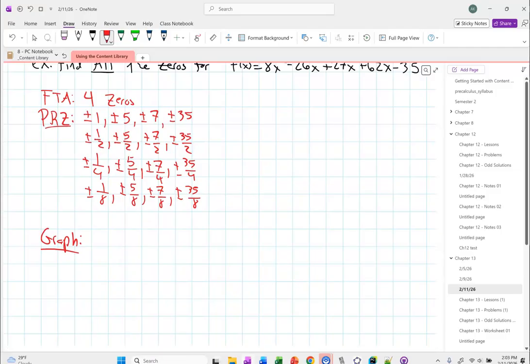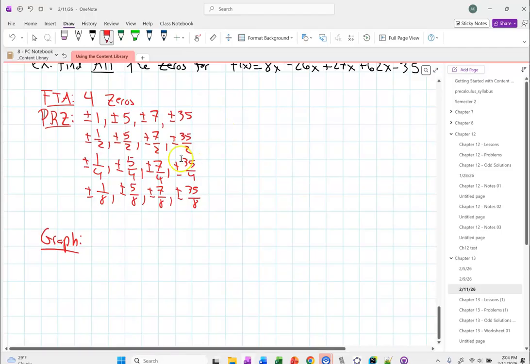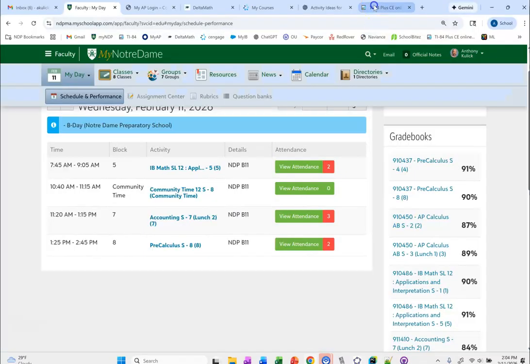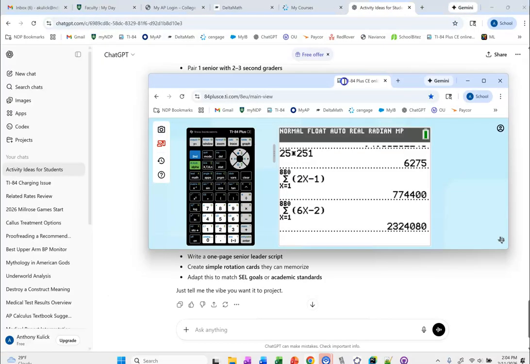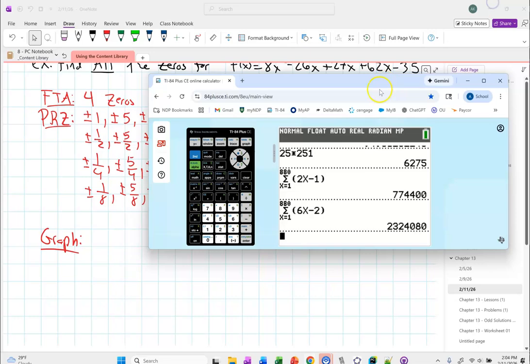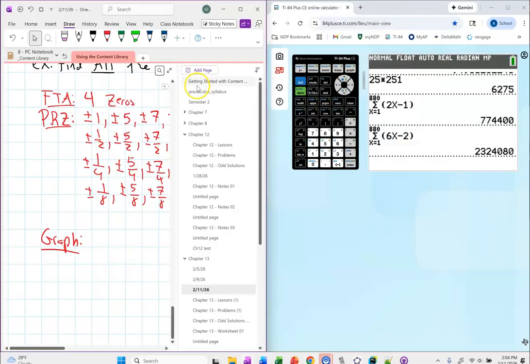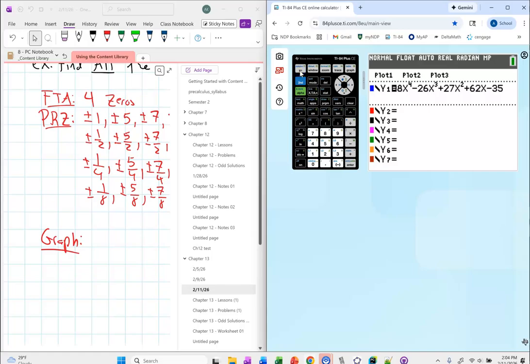Now I'm going to look at the graph on my calculator. Let's do it on the computer, it'll be easier. I'm going to turn my calculator on and press the y equals button.